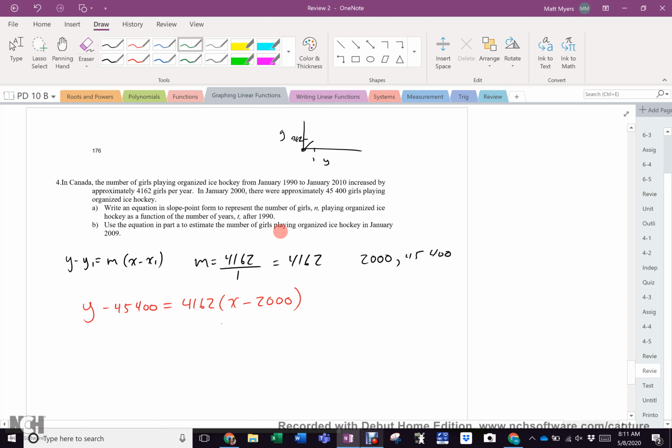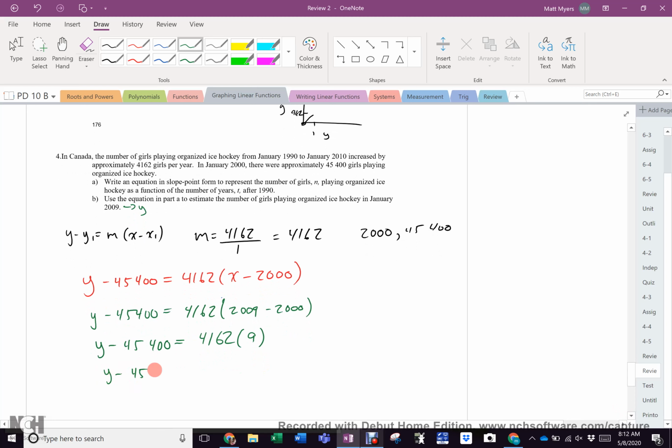Use the equation to estimate the number of girls playing hockey in 2009. Well, 2009 is a year. Those are my years. So y minus 45,400 equals 4,162 times (2009 minus 2000). Do the math. y minus 45,400 equals 4,162 times 9.